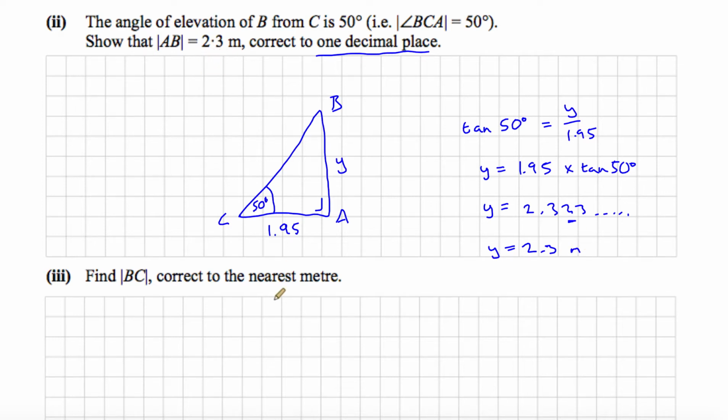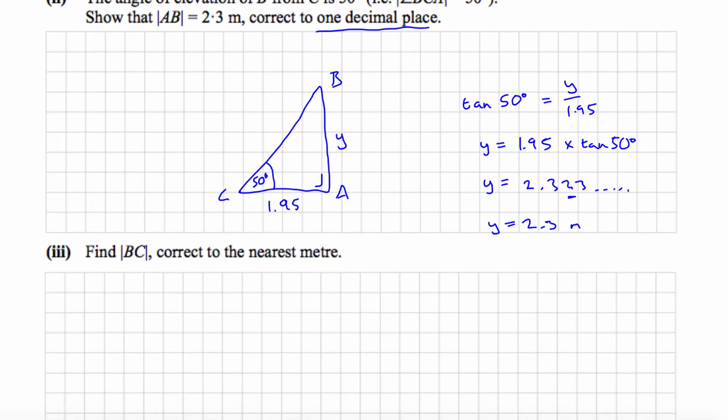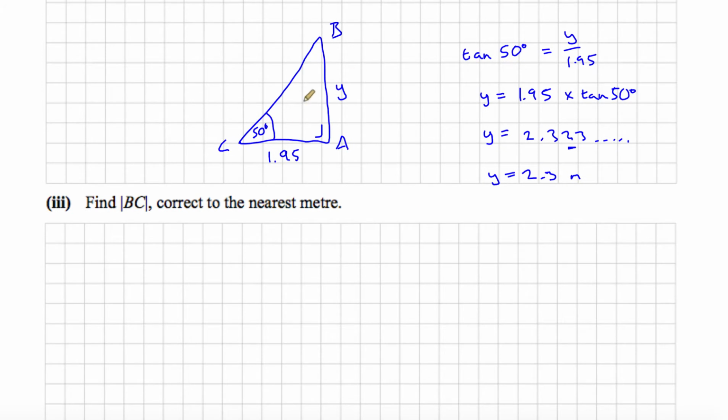Okay, so part 3 then says find the length BC, correct to the nearest meter. So we now need to find BC here. Well, if I look at this triangle again, this side's 1.95. This side I've just worked out is 2.3.